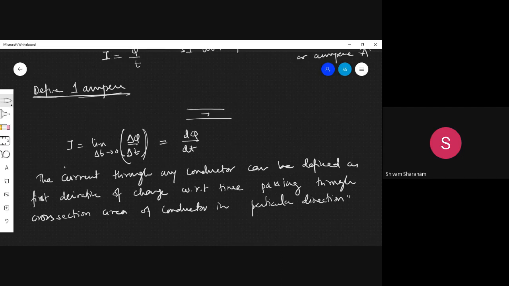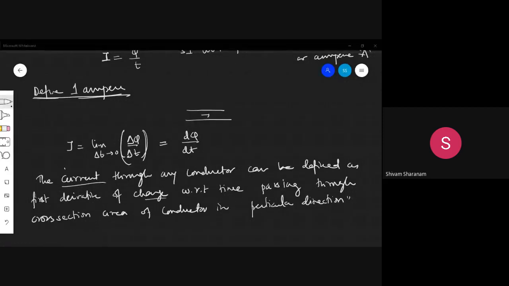That's it. So this is how you can define it in terms of mathematics.